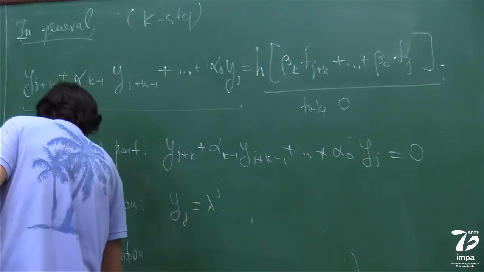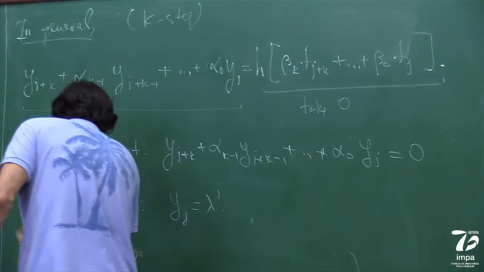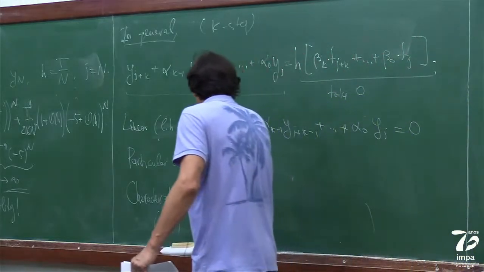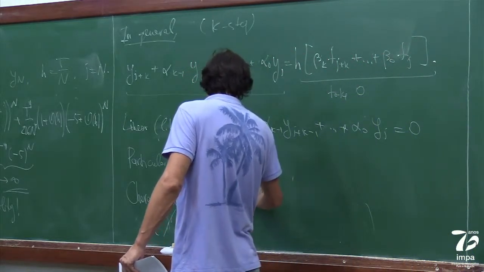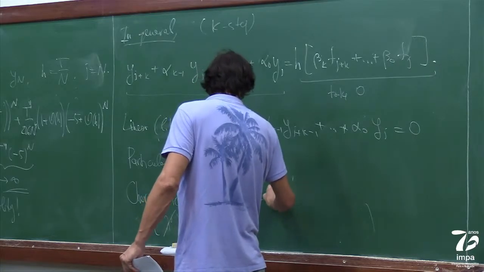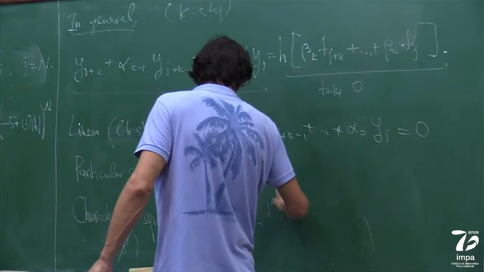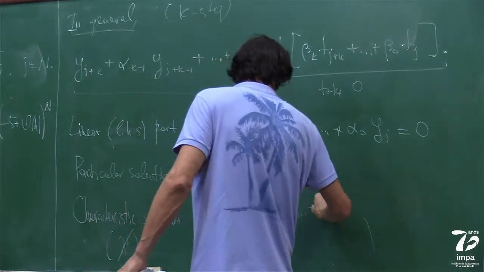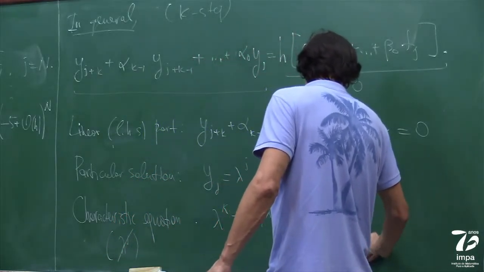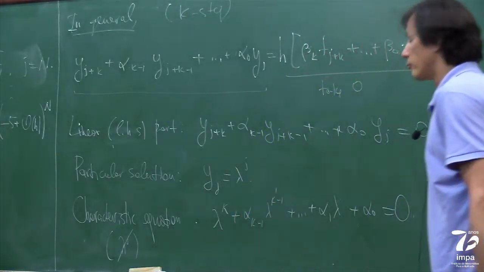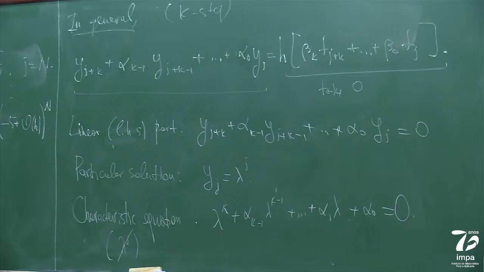So you cancel λ^j for each term. What remains is λ^k + α_{k-1} λ^{k-1} and so on, until α_1 λ + α_0. A polynomial of degree k.